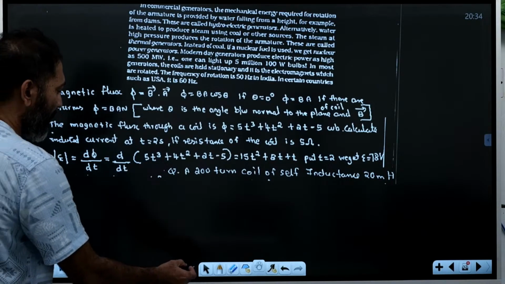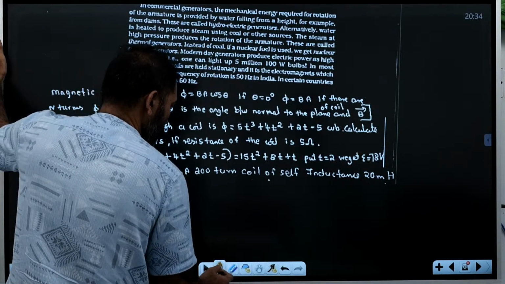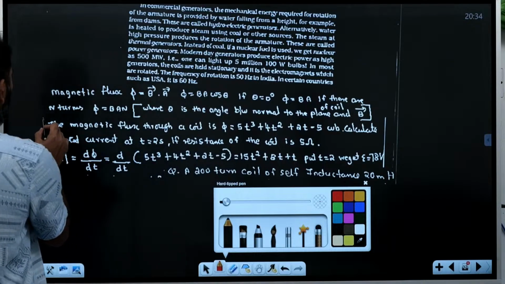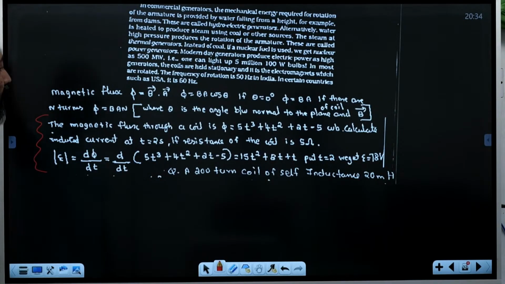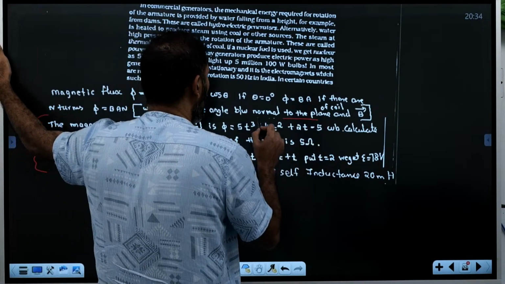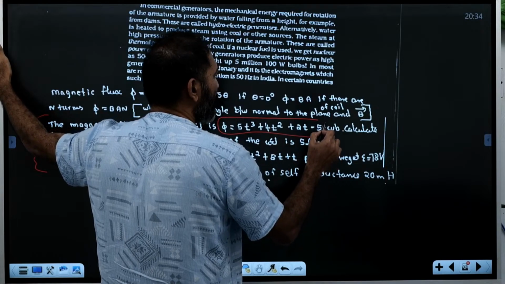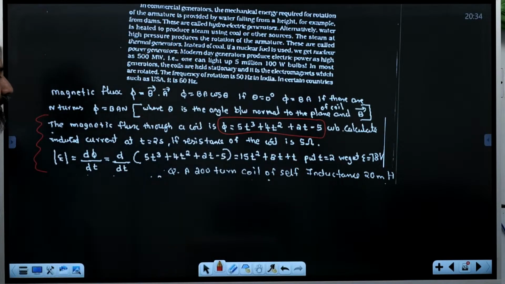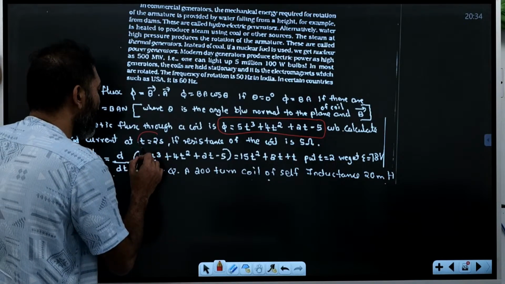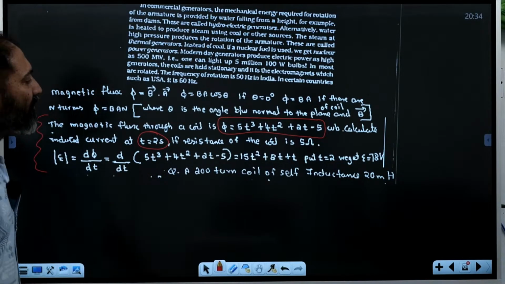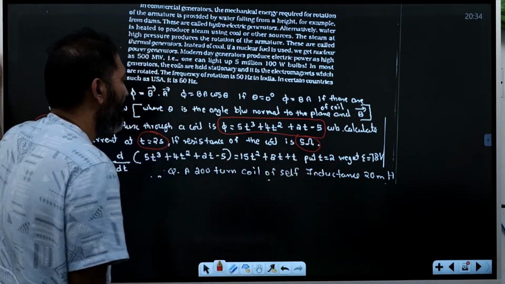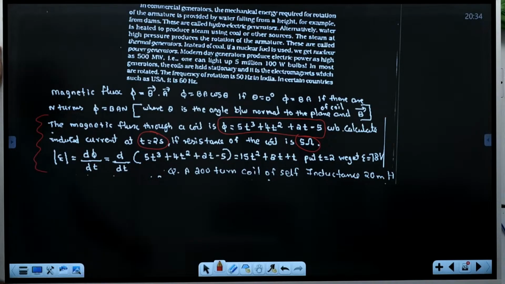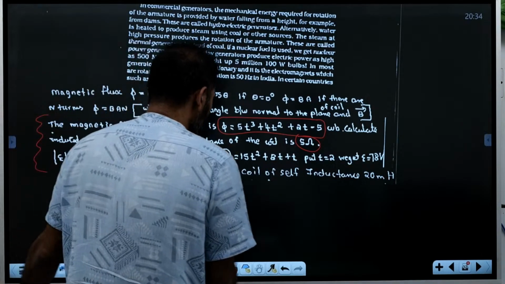The magnetic flux through a coil is phi equal to 5t³ plus 4t square plus 2t minus 5 Weber. Calculate induced current at t equal to 2 seconds, if resistance of the coil is 5 ohm. See, what is the flux given? Okay, I will do it here.